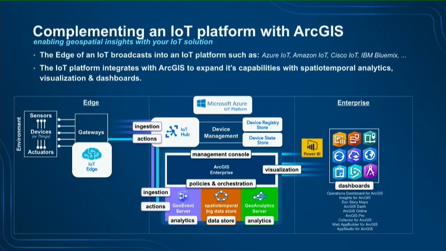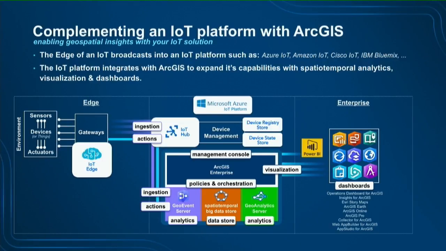And so this is where, if you take Azure as an example, the white boxes represent Azure components that complement the existing IoT solution that we've kind of presented before. You could substitute those white boxes from Azure with Amazon IoT or Cisco IoT or Huawei IoT or any of the other 12 or so IoT platforms that are out there.